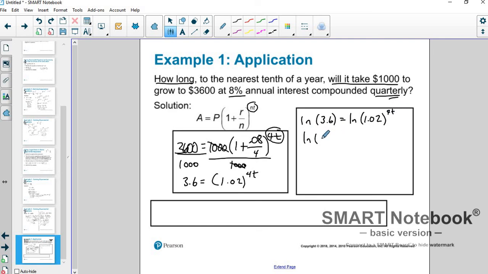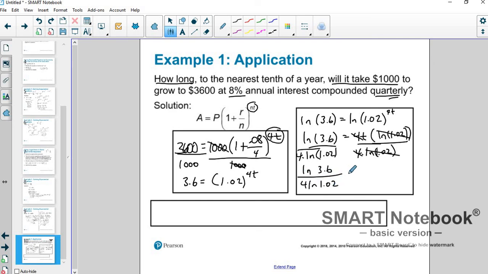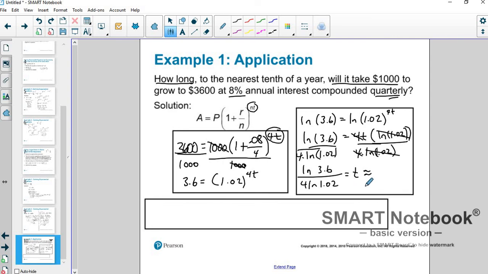That means the 4t comes down in front, since that's the power, times natural log of 1.02. Divide by natural log of 1.02 on both sides, and that divides away. You also need to divide by 4. And so you get the natural log of 3.6 over 4 natural log of 1.02. That equals t. So we need to approximate this with our calculator.